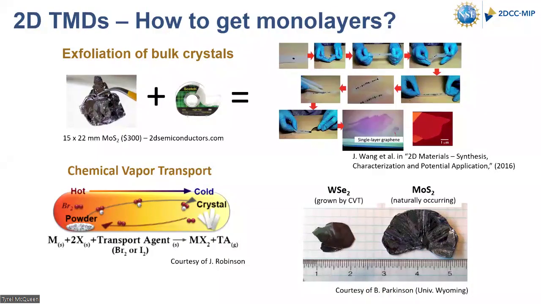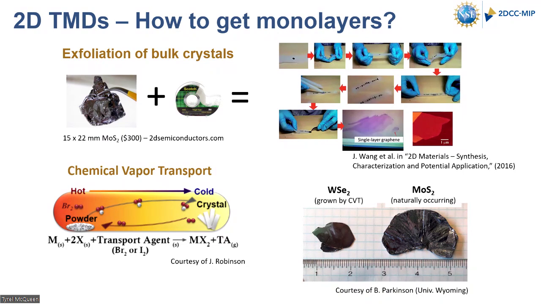You can get a bulk crystal, get a monolayer of molybdenum disulfide, do some really nice studies, get a Science and Nature paper. You don't have to have a fancy MBE system or an MOCVD system, right? So it's really enabled the field to accelerate quite a bit. But now we're getting to the point where we want to look at these materials for applications, right? And exfoliation is not going to cut it.